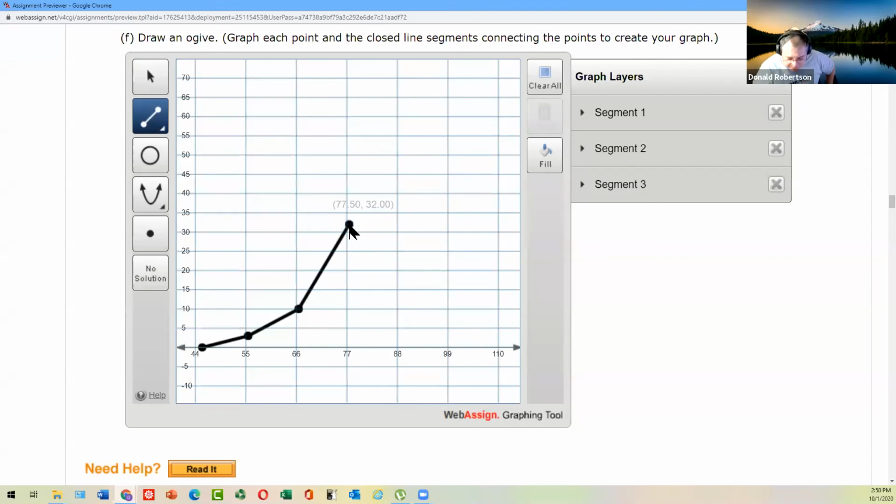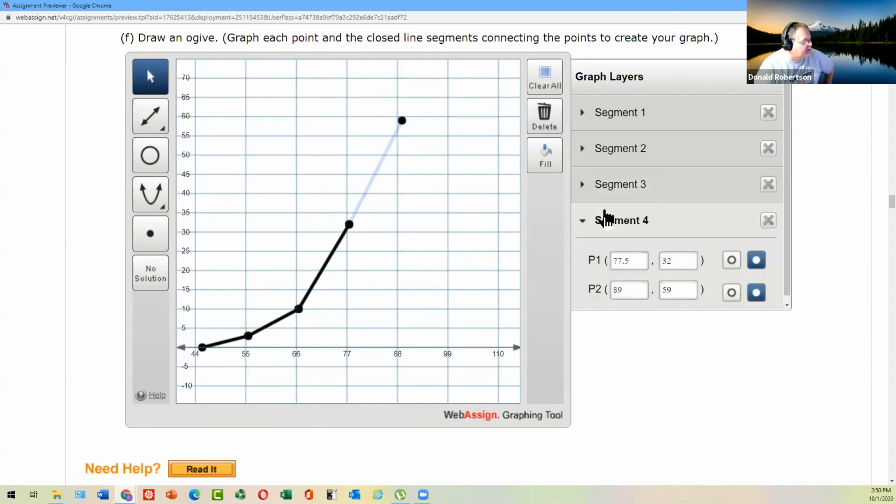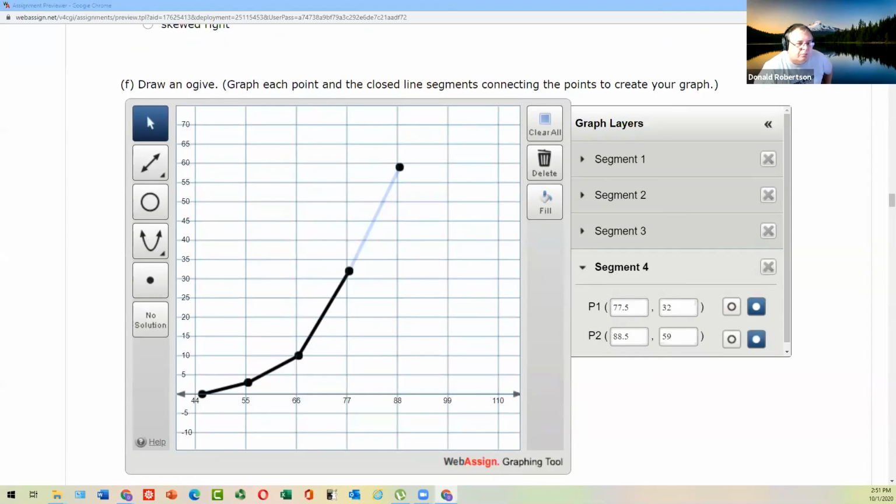Start off at that point and then get to 88.5, 58. There. Okay. 77.5, 32, good. 88.5, 58. Oh, yeah, I hit a button here I didn't mean to hit. 58.